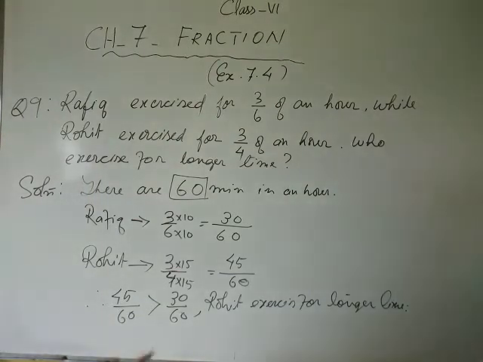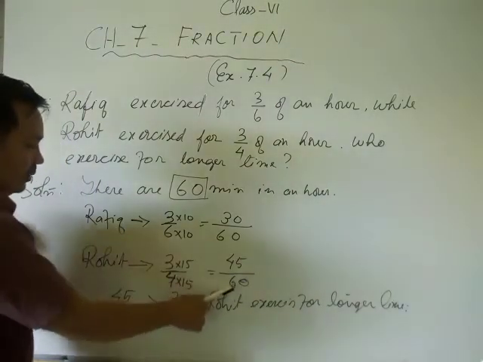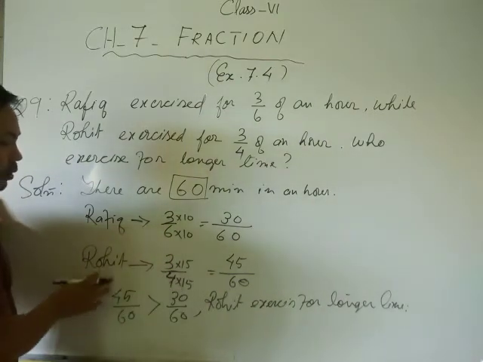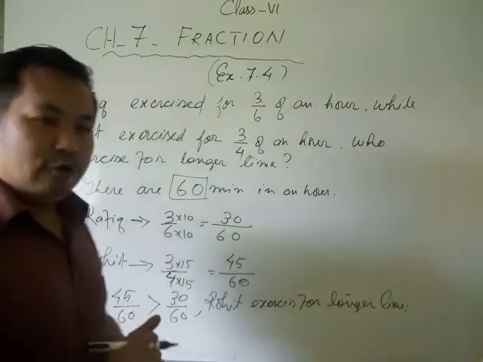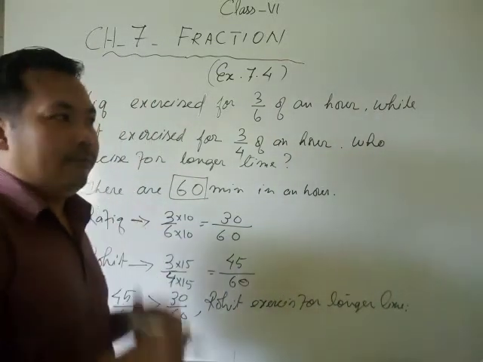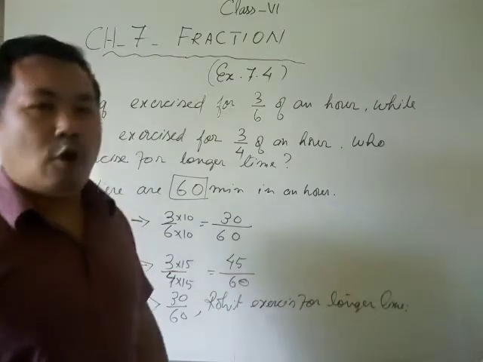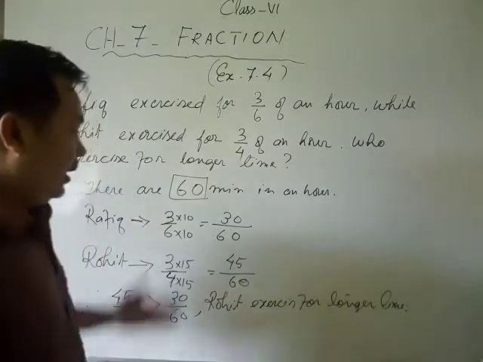So therefore Rohit, whose fraction is 45 by 60, Rohit's fraction, that is 3 by 4, isn't it? Rohit, who exercised for 3 by 4 of an hour, will have the longer time of exercise. This way, okay, the answer is right.